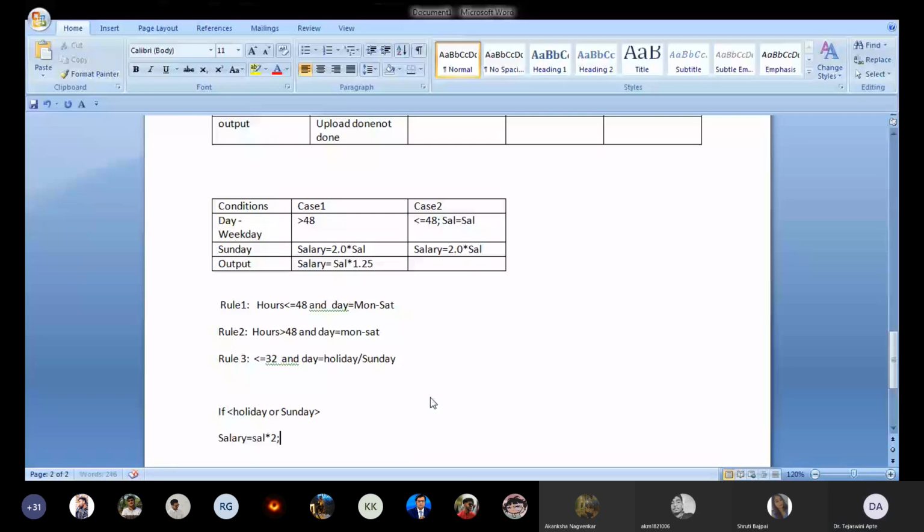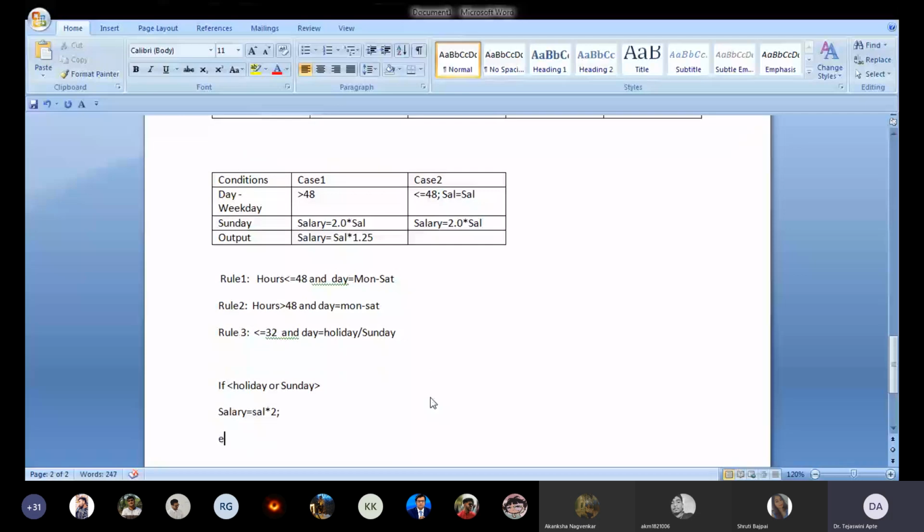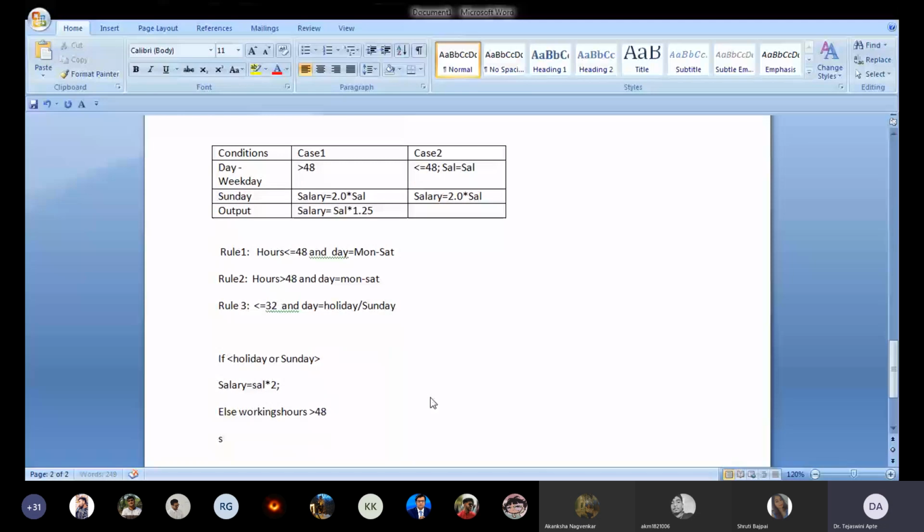Else, if working hours is greater than 48, the salary equals salary into 1.25.